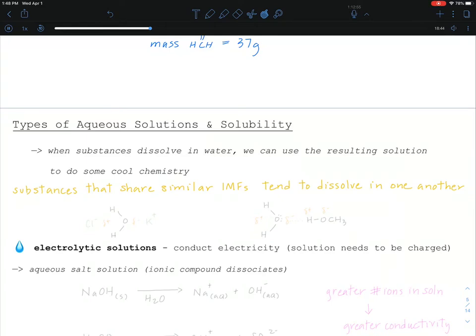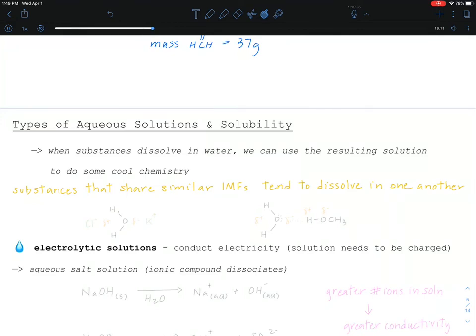You don't expect them to dissolve in something like water, where there's hydrogen bonding, dipole-dipole interactions, and also dispersion forces. So things that have similar intermolecular forces tend to dissolve in one another. They'll commingle, right? They'll coexist with each other. And the term like dissolves like sort of falls out of that. The like that they're talking about speaks to the intermolecular forces.